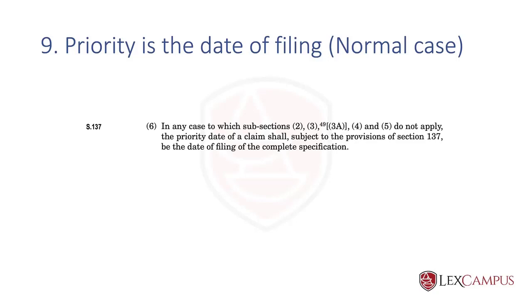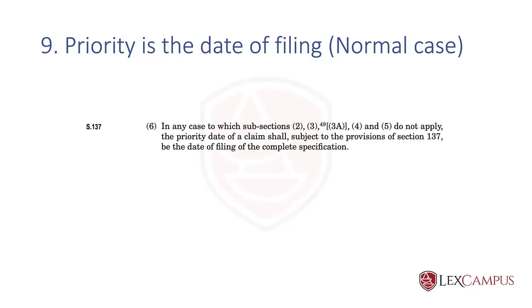Subsection 6 introduces a case where there is no earlier disclosure. Your first disclosure is the complete. The priority date of the claim, subject to provisions of 137, which is on international applications and multiple priorities, shall be the date of filing the complete specification. You understand this as if a person is going to file an ordinary application in India, and we are not bringing PCT or multiple priorities into the picture.